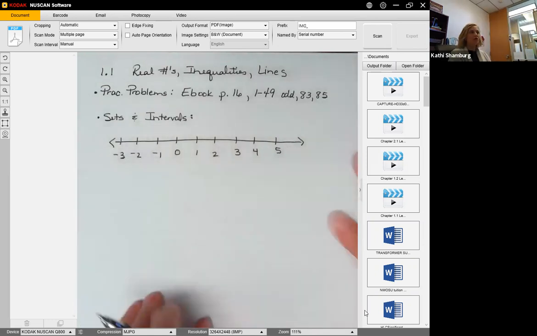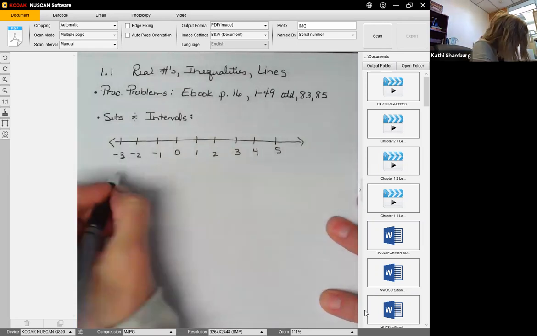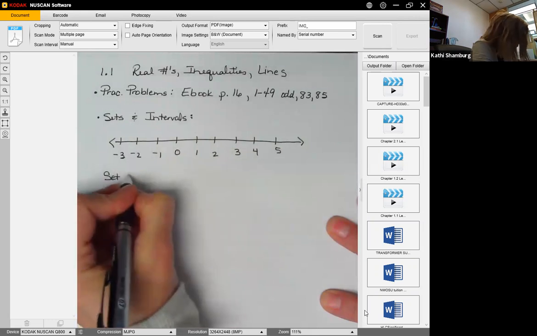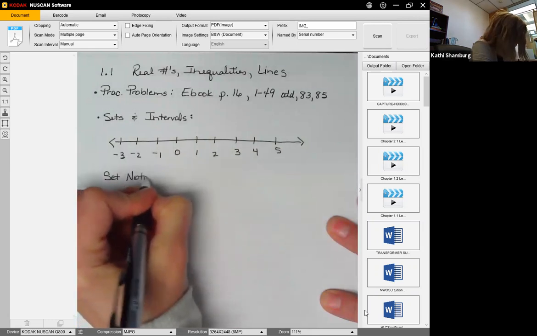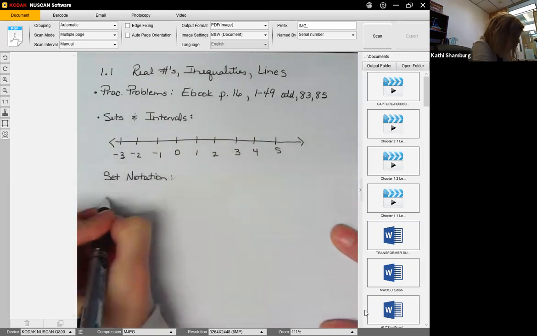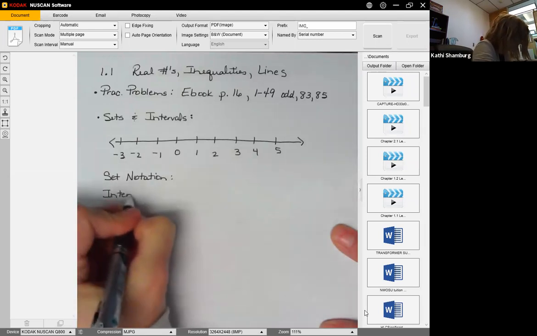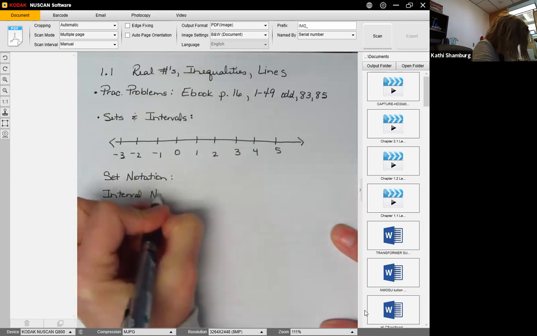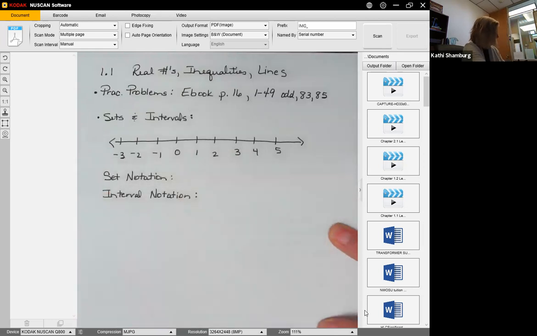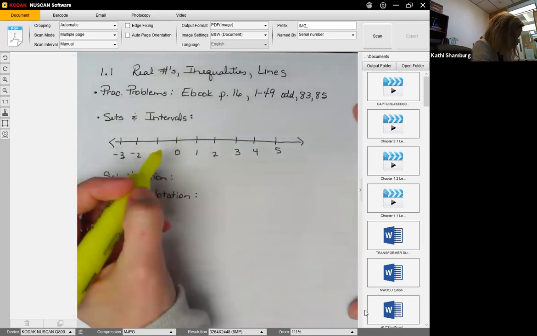There's different notation that we need to remember, and you'll see this in WebAssign, so you need to know the difference between set notation and also we will deal with interval notation. All right, so I'm going to draw a couple of examples.